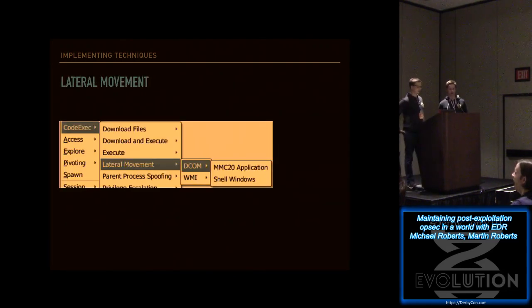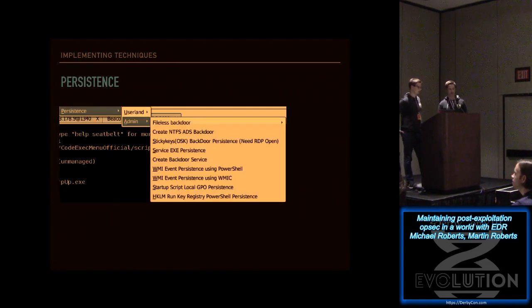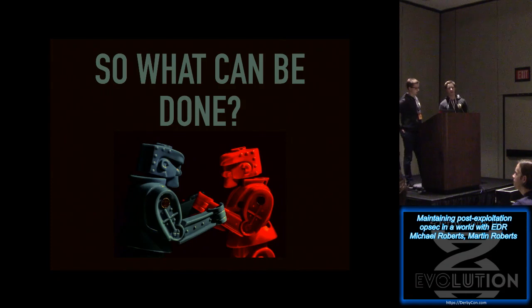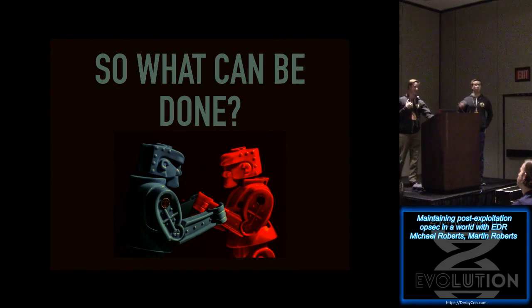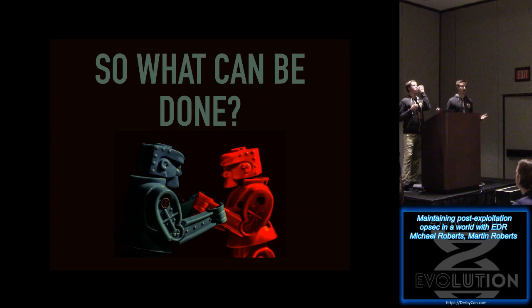So a couple more methods, some lateral movement methods. And then persistence. Some of these are old ways, but we're just pointing out that they can be implemented in Cobalt Strike, or any of the ideas that we mentioned today can be implemented in any platform that you use for your post-exploitation needs.